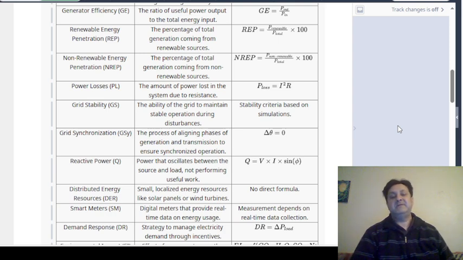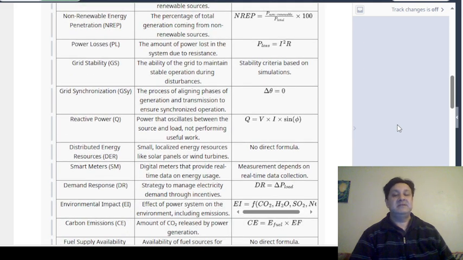So the power losses, the amount of power lost in the system due to resistance, impedance, and various other factors. Then the grid stability, the ability of the grid to maintain stable operation during disturbances. This is also important, and when we design the smart grid, we have to look into this as well.